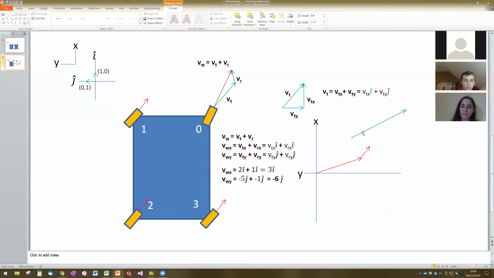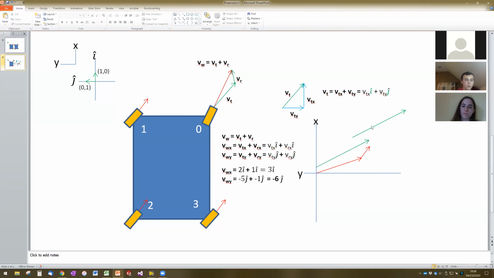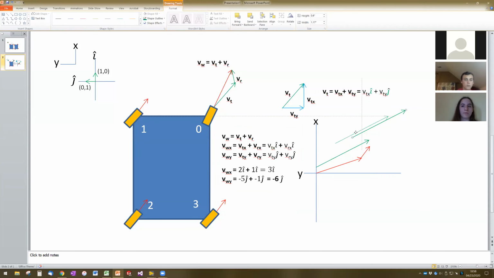And if we were to just draw that, we would come over -6 in the j, and we would go up 3 in the x, and we would get that same vector that we got just by drawing the two graphically.